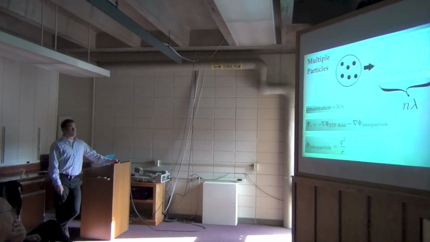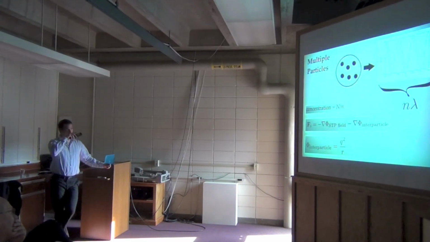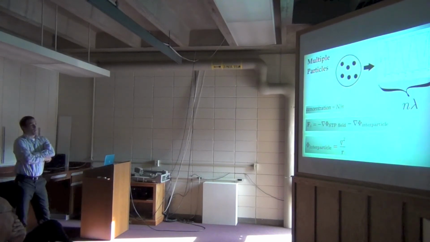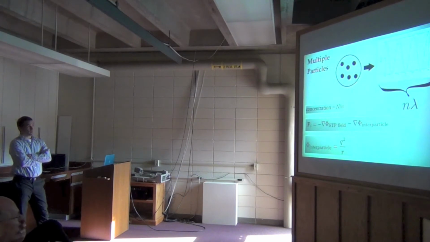So why does that matter for the heart of what I'm talking about, which is what we finally arrived at? Multiple particles interacting in one of these types of potentials. Now, because we have more than one particle, we can't just wrap all the dynamics into one period of the potential, or if we do, we need to consider specifically what concentrations we're looking at.